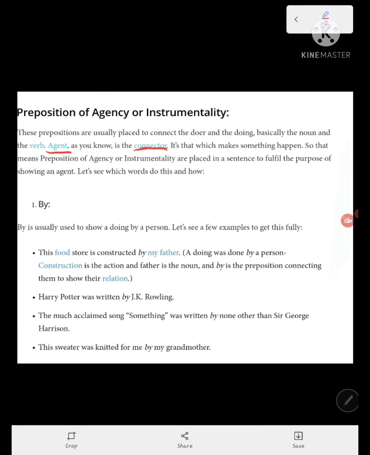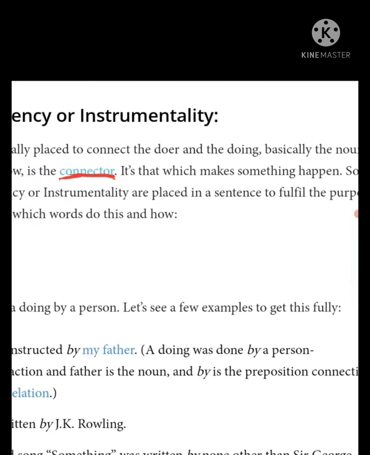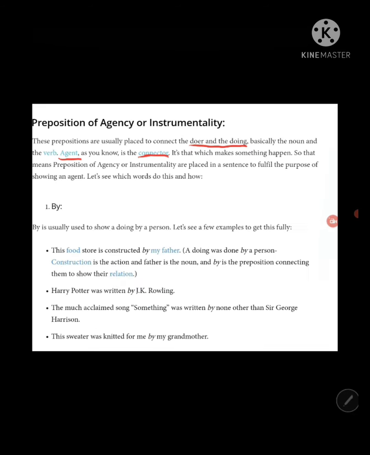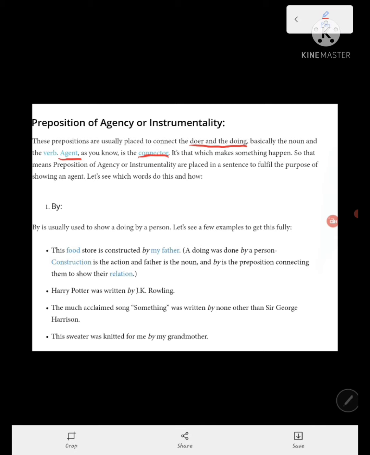These prepositions are usually placed to connect the doer and the doing. There is a connection between the doer and the action, used to express a causal relationship between the doer and an action. Basically the noun and the verb.